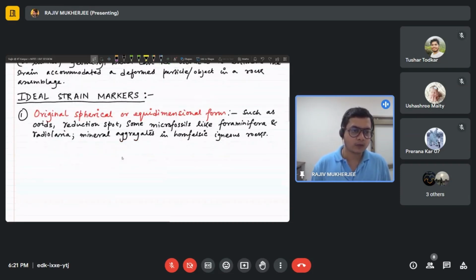Okay, number two is original circular cross section on a known surface.